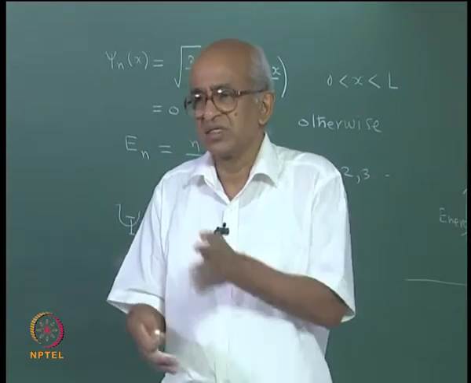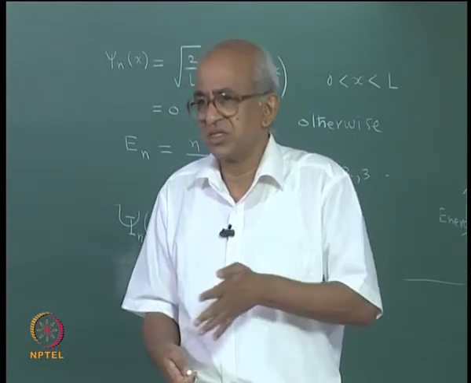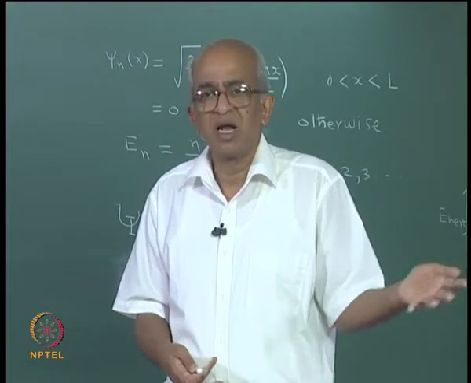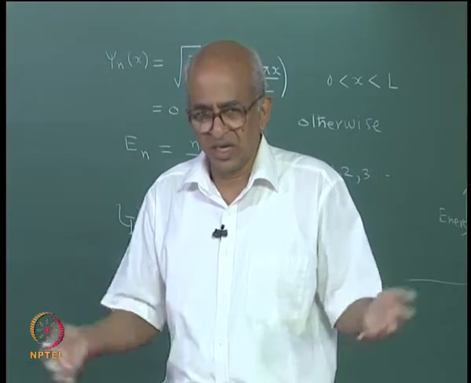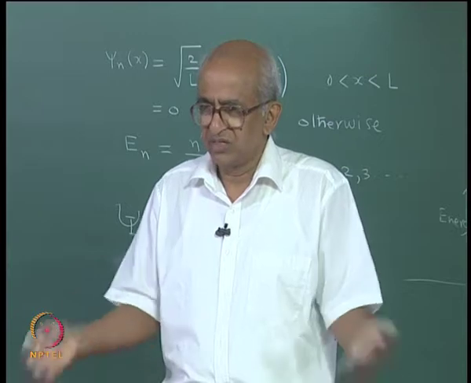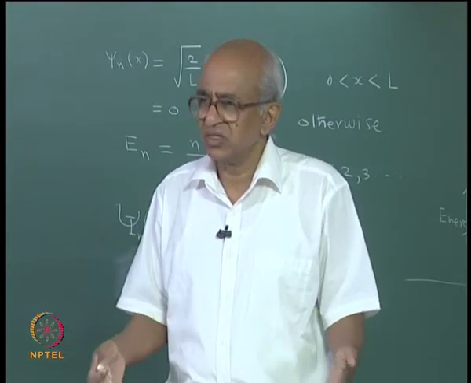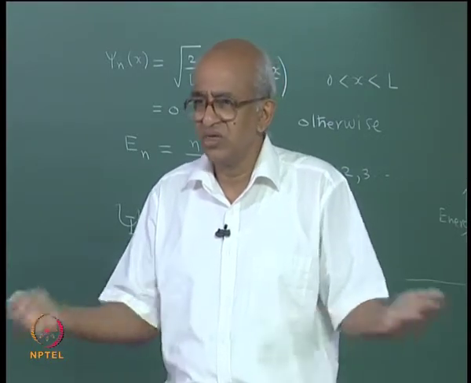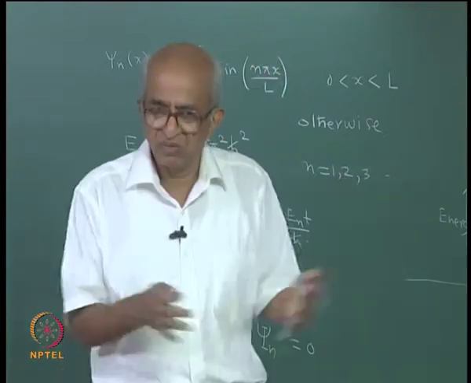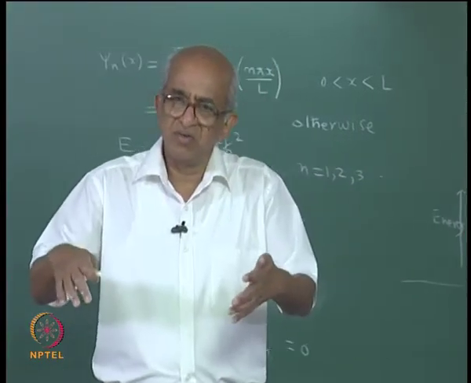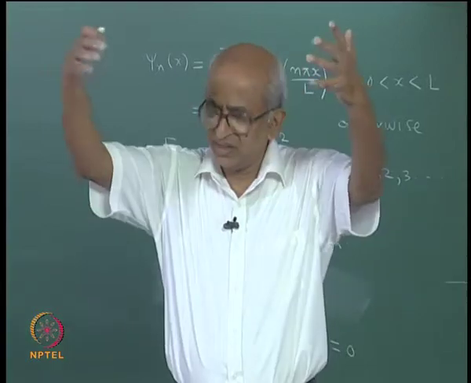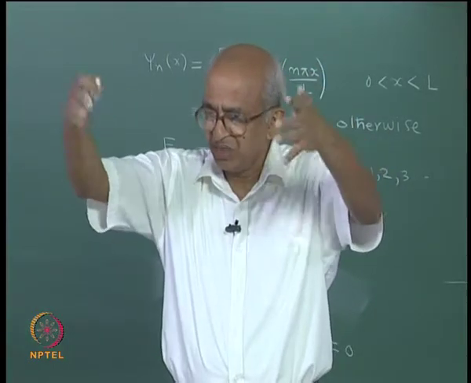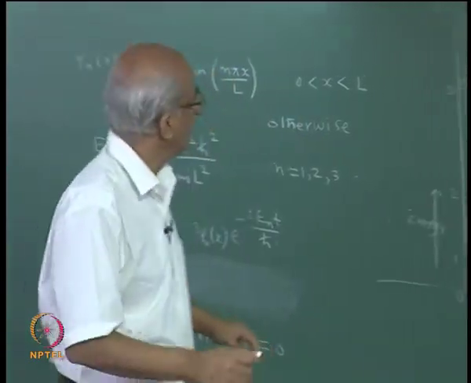What I would expect is that the average value of the position should be L by 2, and that you can easily calculate and show, but it is not necessary, because my physical intuition tells me that it has to be equal to L by 2, simply because it does not matter what the value of n is, psi n square is going to be symmetric about the middle point of the box.